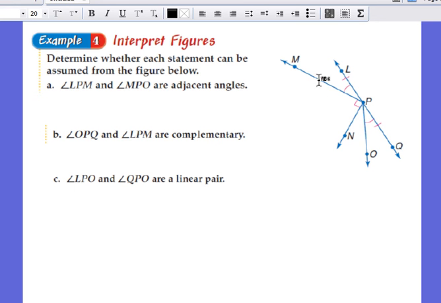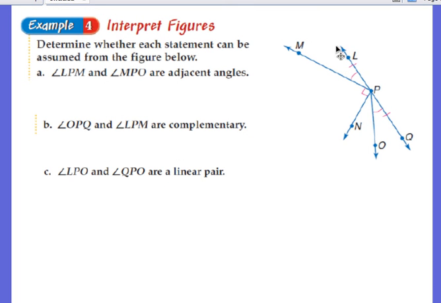So LPM is this, and this is MPO. But going back to the arrow, LPM is adjacent to MPO. Yes, that is true. They share a side and vertex, which is ray PM.